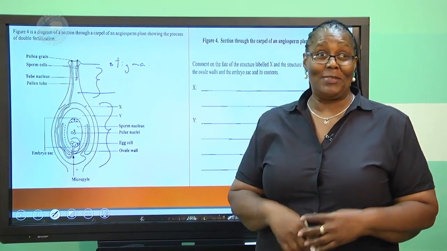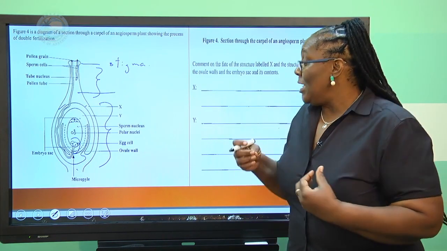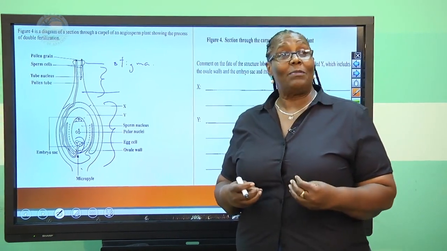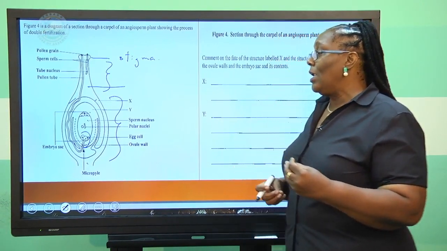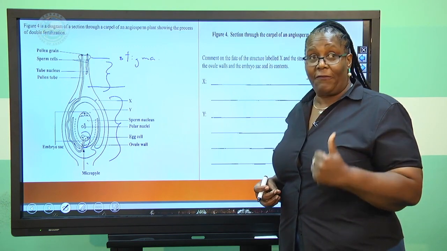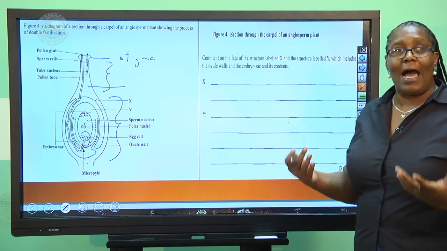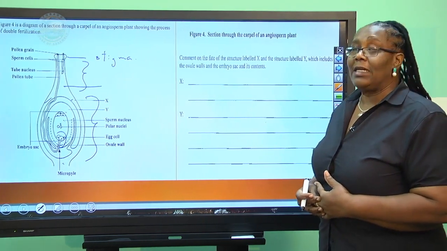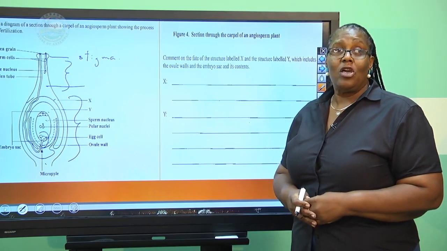You see people on Facebook with their mangoes, and people want the mangoes because the fruit wall helps to disperse the seed. So the fate of the fruit wall is that it becomes the fruit, and it may attract insects and animals by its structure, and eventually it will help with the dispersal of the seed.